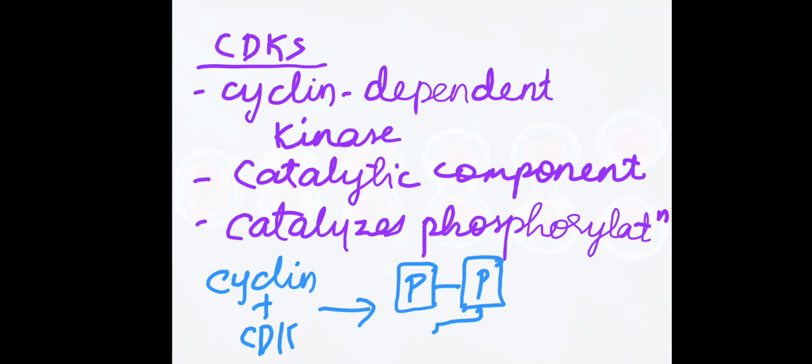The protein has serine or threonine, and the CDK catalyzes phosphorylation at these. So activated CDK catalyzes the phosphorylation of specific serine and threonine residues of the specific target protein.